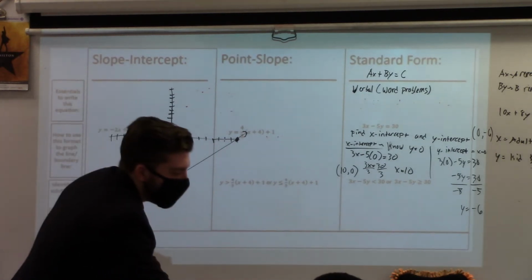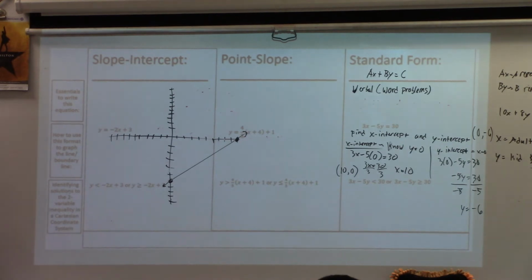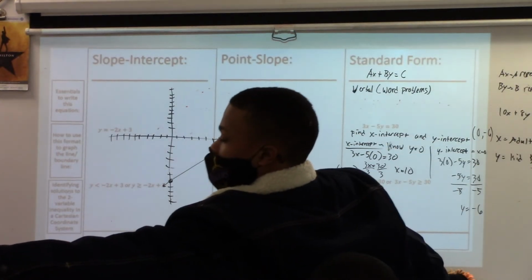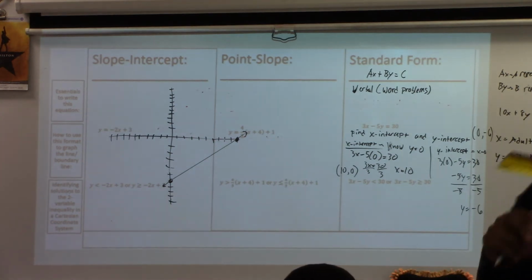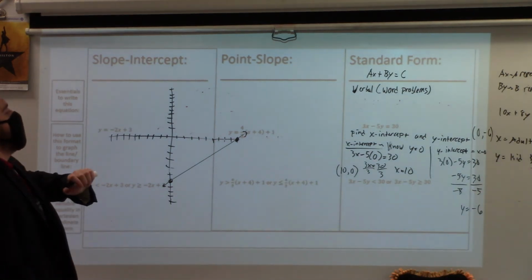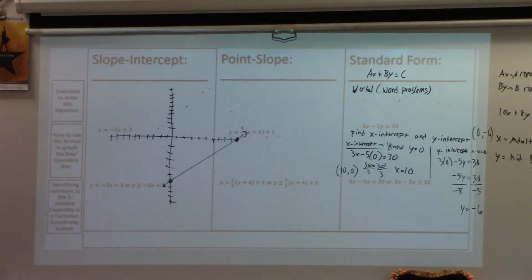So, keep that one. Does anyone have any questions about finding the intercepts and then being able to graph? And I'll give you a second to graph that.